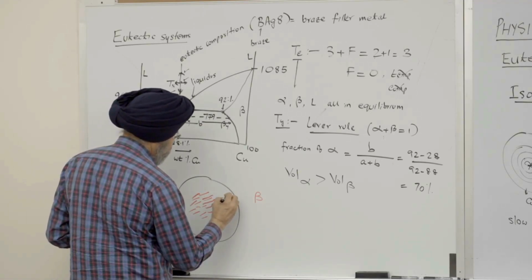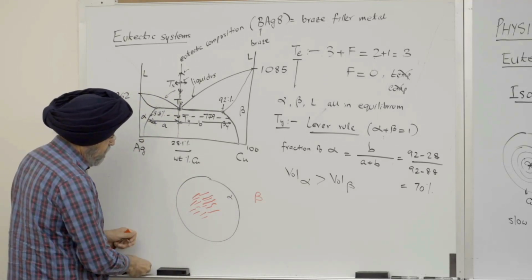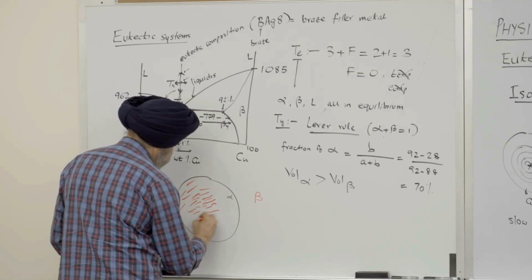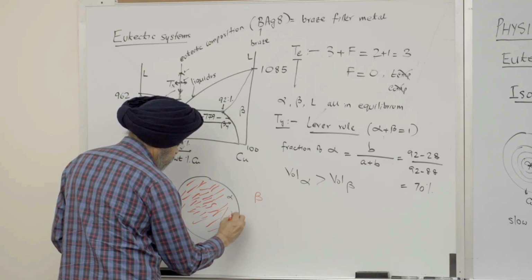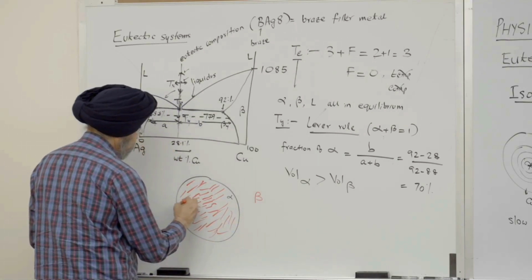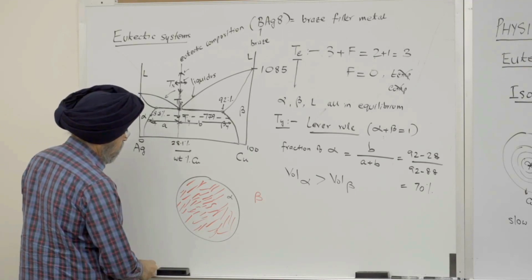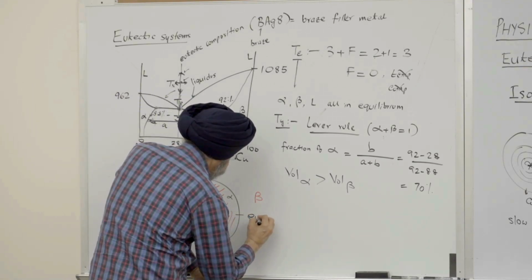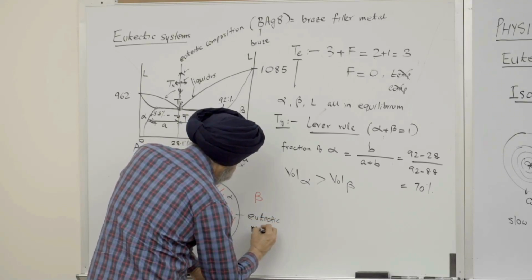So this is alpha, and I should correct myself. The whole microstructure will have these platelets of beta. So this is what we call a eutectic structure. Eutectic microstructure.